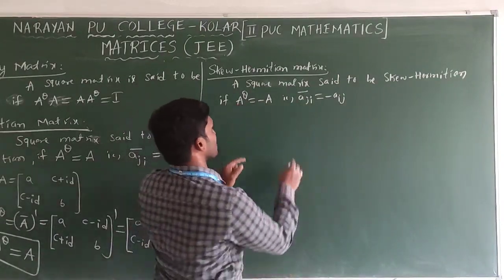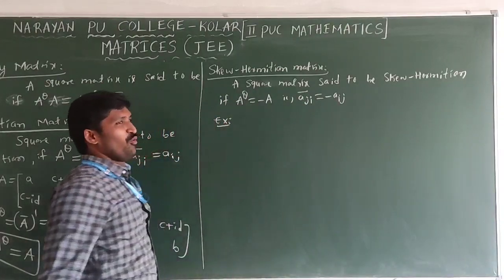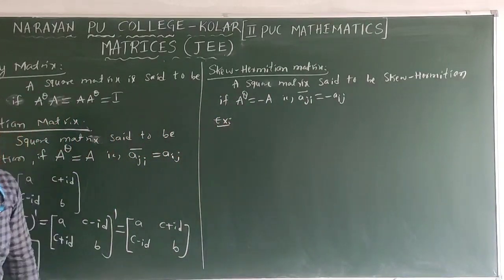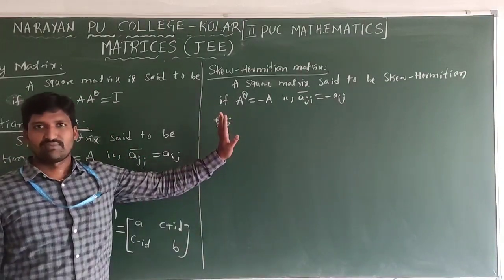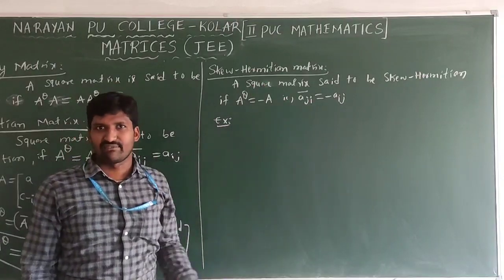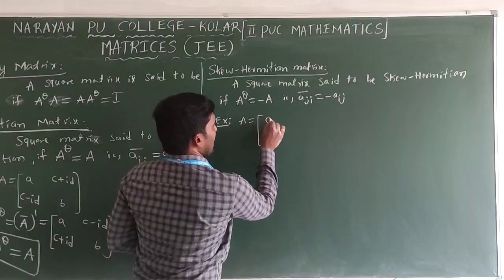These are also notations. For example, here also, when this skew-Hermitian is possible, the diagonal elements compulsorily are 0, and the non-diagonal elements will have opposite signs. For complex numbers also the same. Diagonal elements are 0.